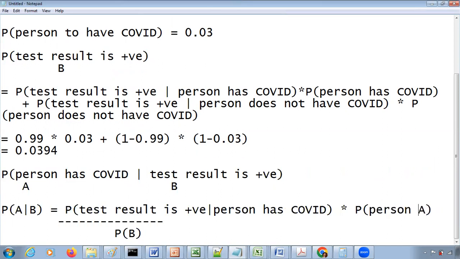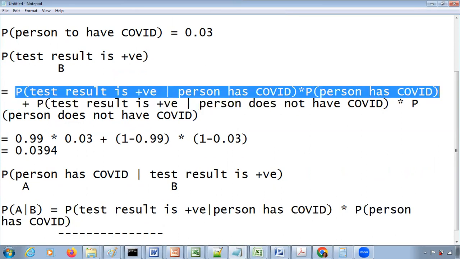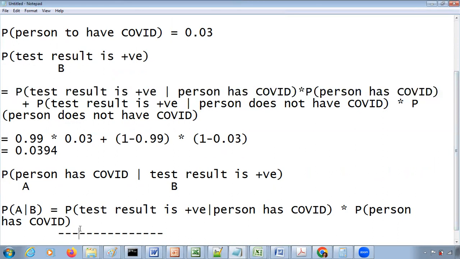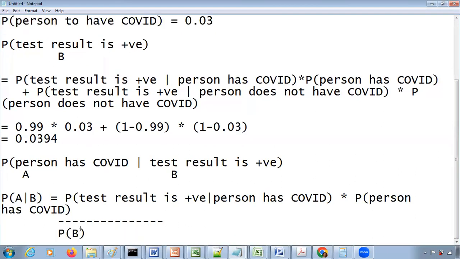We can notice that this is actually the first term in the formula here. Then the whole thing is divided by the probability the test result is positive, and that's what we computed just now.